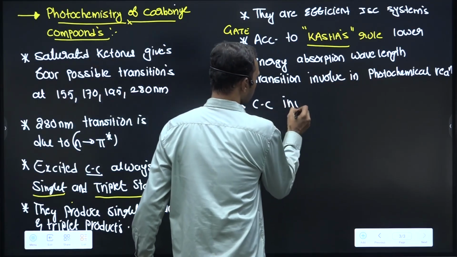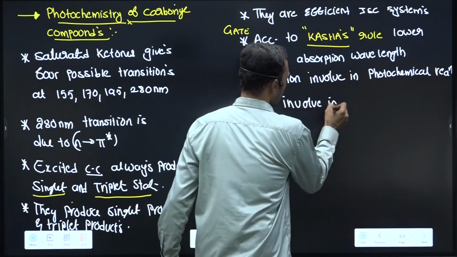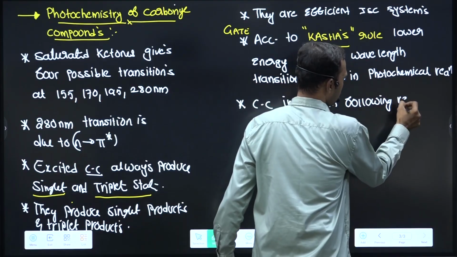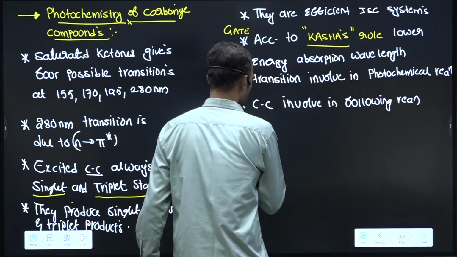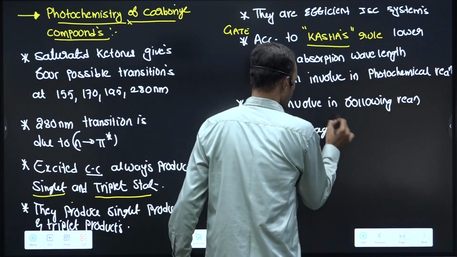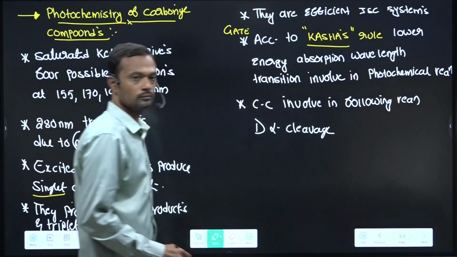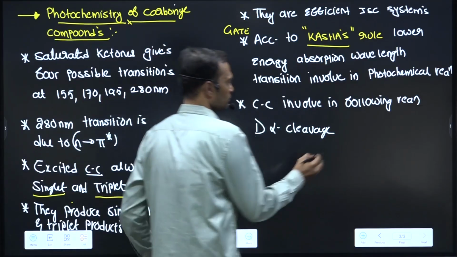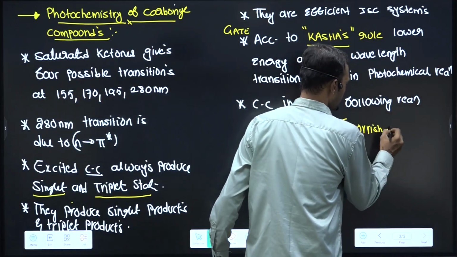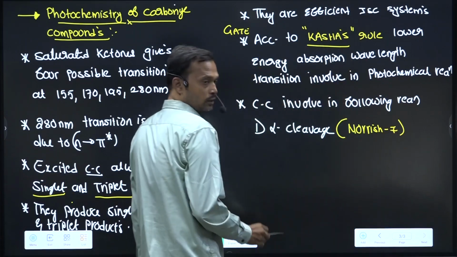Carbonyl compounds are involved in the following reactions. First one, alpha cleavage. This is called Norrish 1.